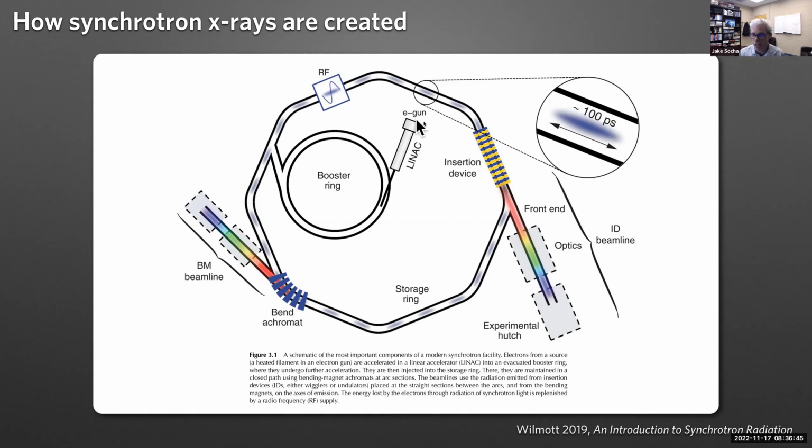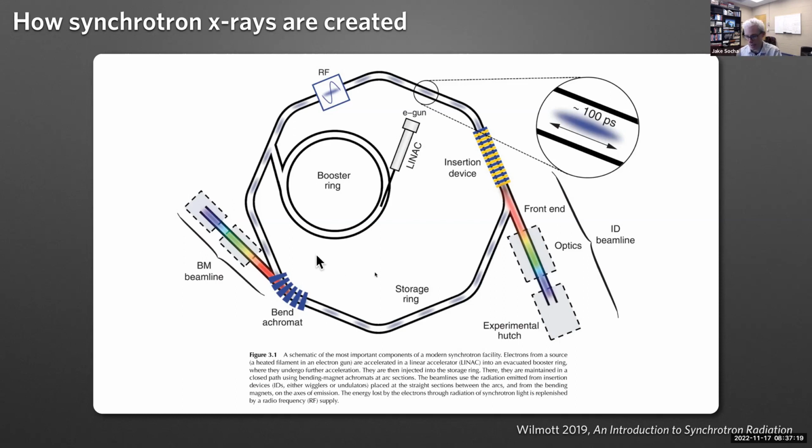Here, it's essentially the same thing. You form these electrons, but the difference is they get boosted in energy up to relativistic speeds, so these are electrons traveling very, very fast. They're then injected into a storage ring where they travel in straight sections, and then they're used either in an insertion device or a bending magnet device. And from these, you get tangential beam lines that come off the facility.